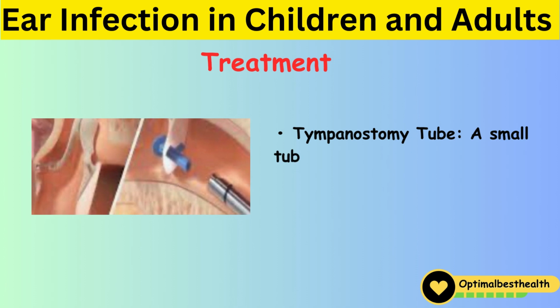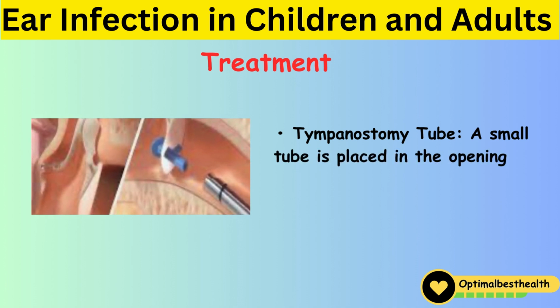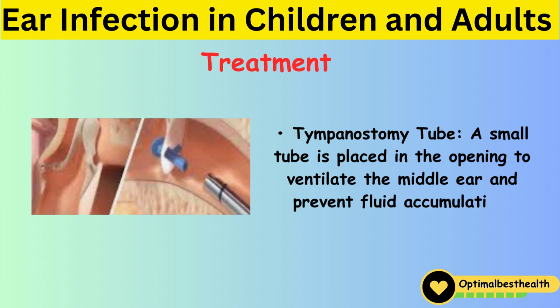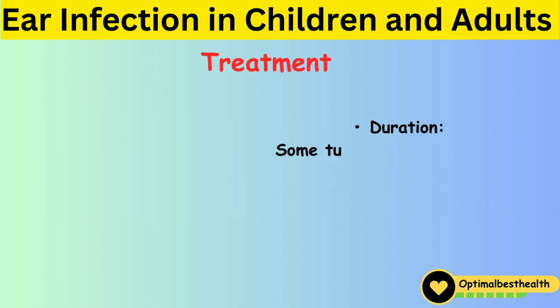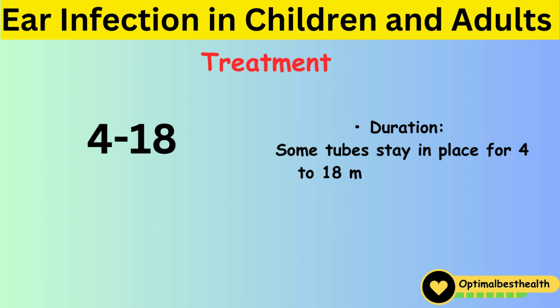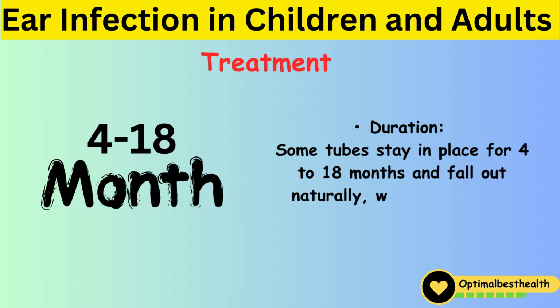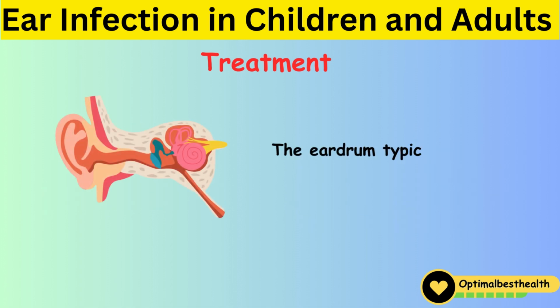Tympanostomy tube: a small tube is placed in the opening to ventilate the middle ear and prevent fluid accumulation. Duration: some tubes stay in place for 4 to 18 months and fall out naturally, while others may require surgical removal. The eardrum typically heals and closes up after the tube falls out or is removed.